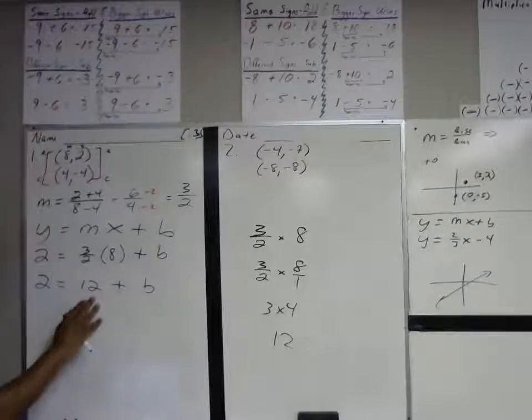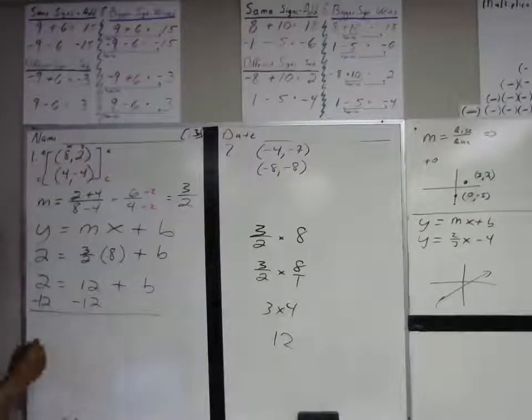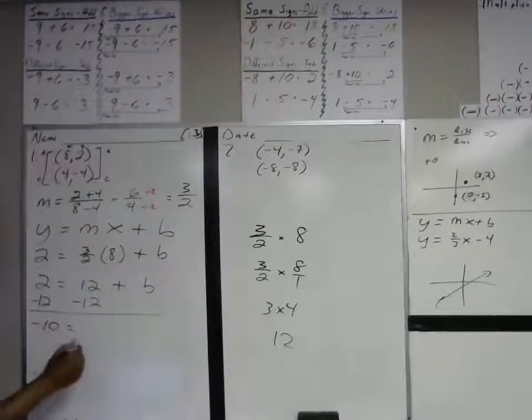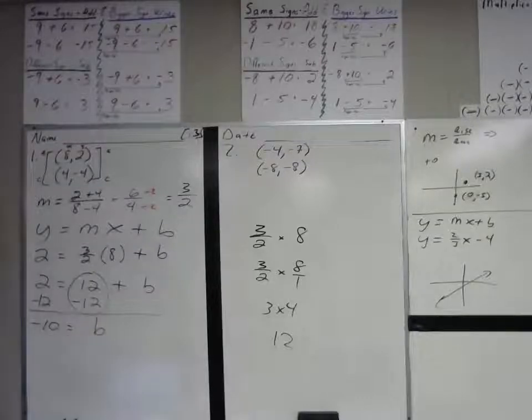Now I want to solve for b, because this is a right side problem, by subtracting 12 from both sides. These are different signs, and the bigger sign wins. So it's a negative 10 equals, these cancel, and you get b.